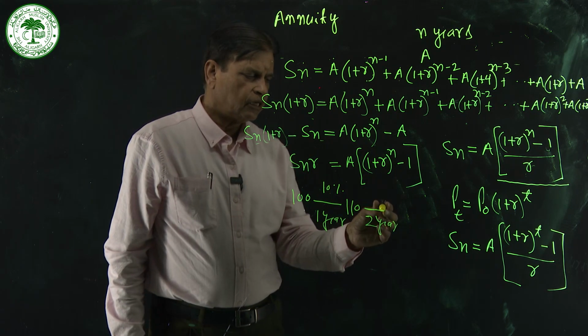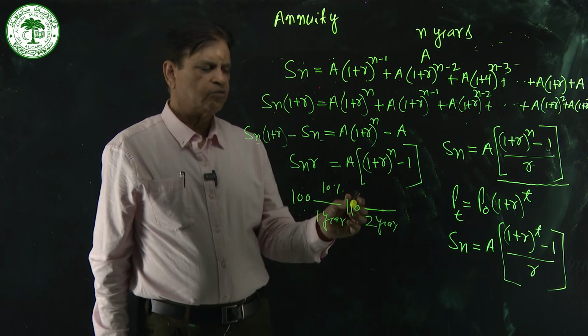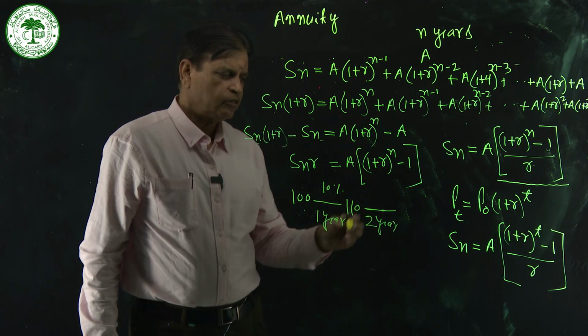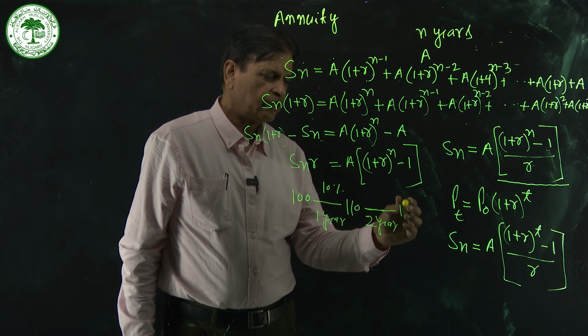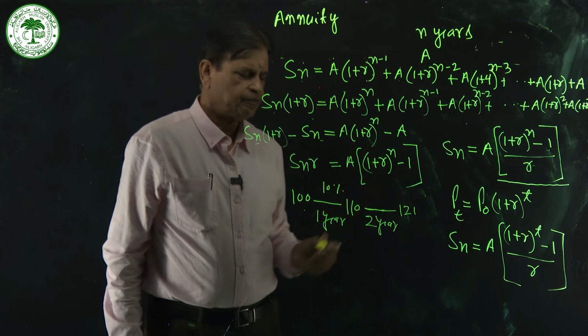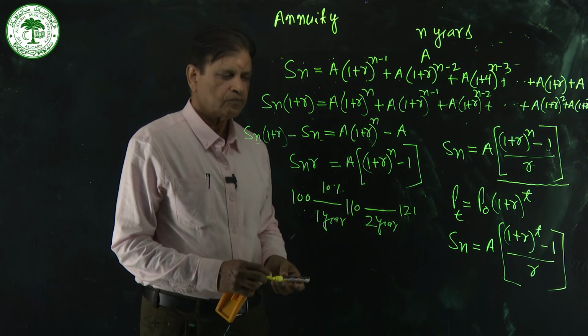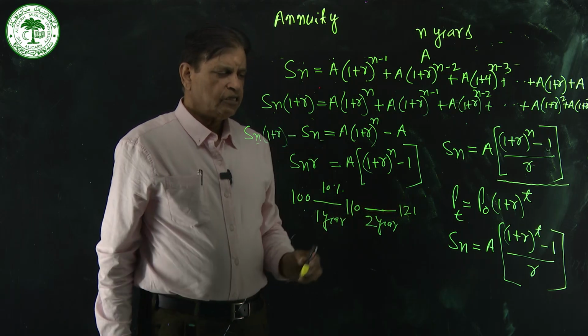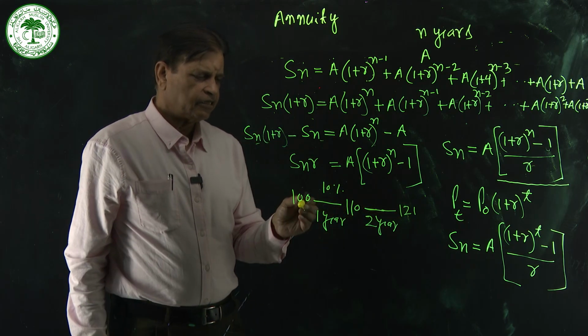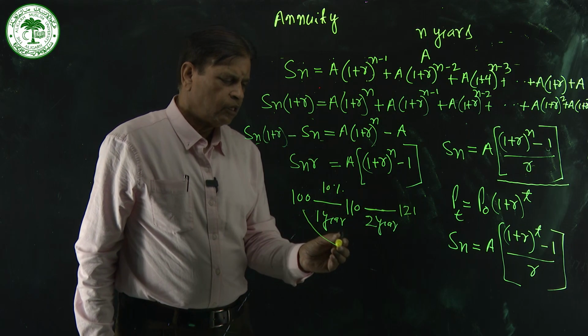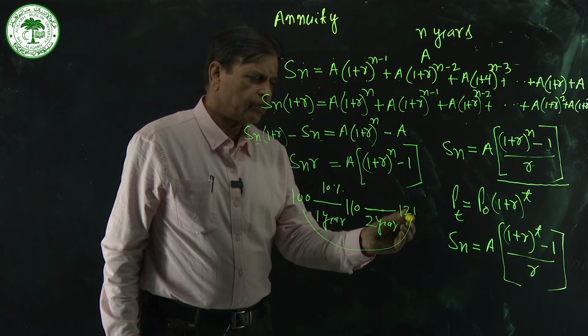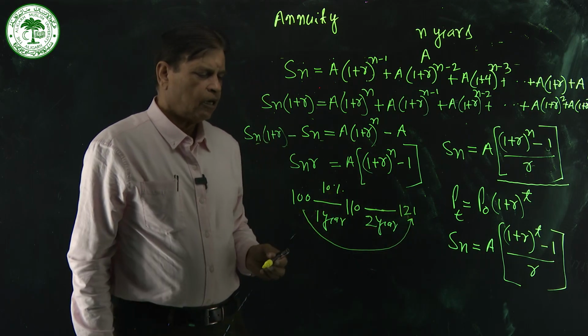After 2 years, again 10% interest you will get on this 110, so it will become 121. So we can say that 100 rupees grows and becomes 121. How does it grow?